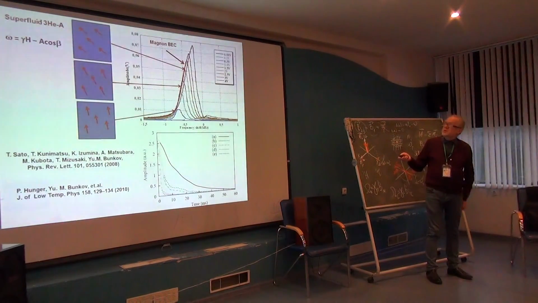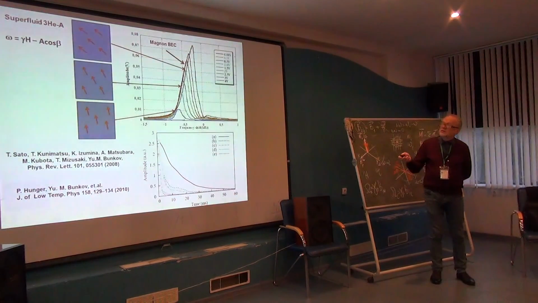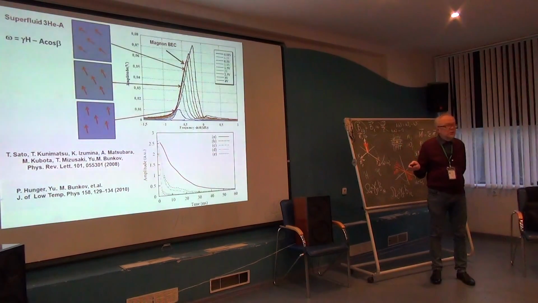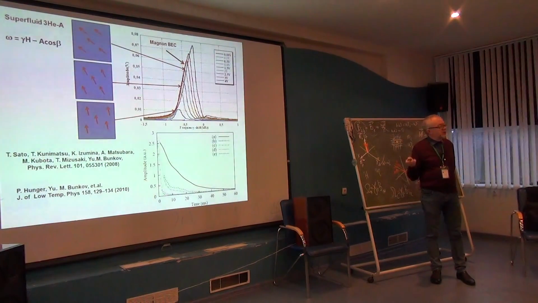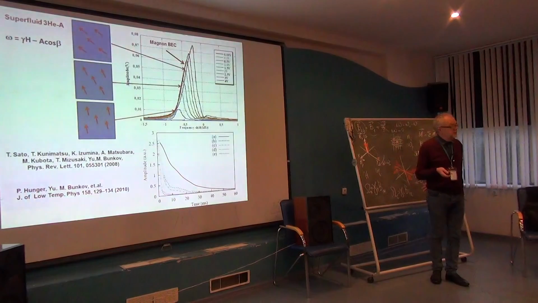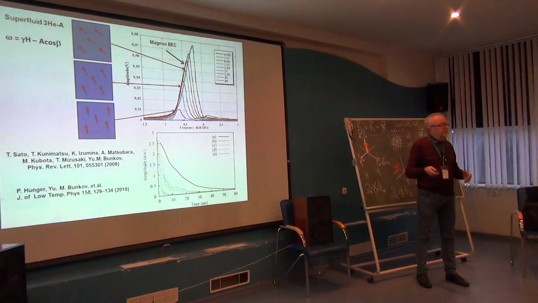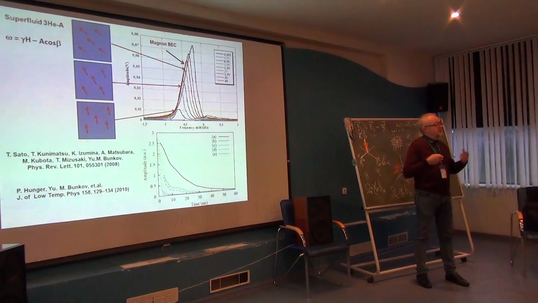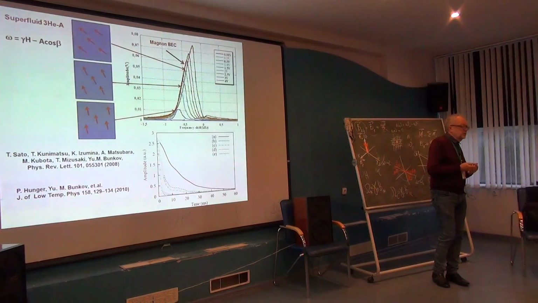Now, the same phenomenon we have seen in another superfluid, helium-3, helium-3A, which is a classical two-sublattice antiferromagnet. Usual superfluid helium-3A is an easy plane antiferromagnet, and the homogeneous precession is unstable because of the attractive interaction between the magnons.